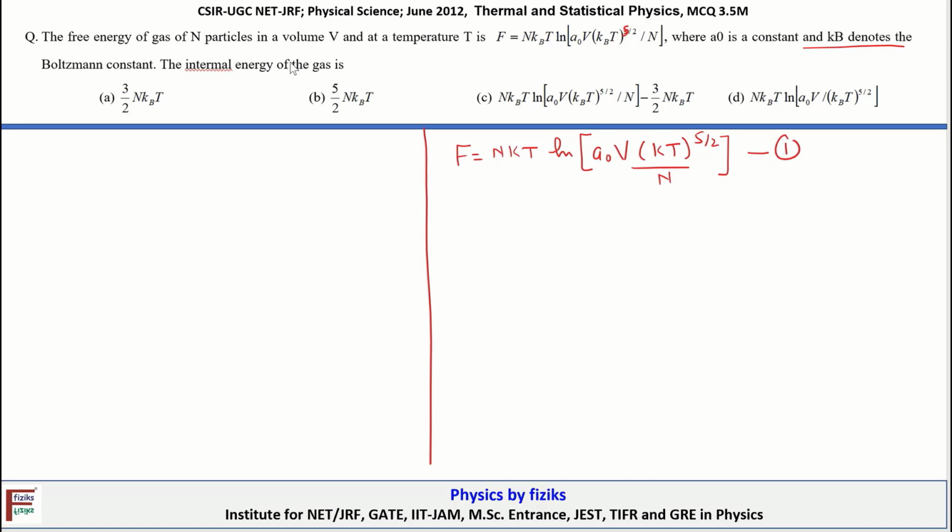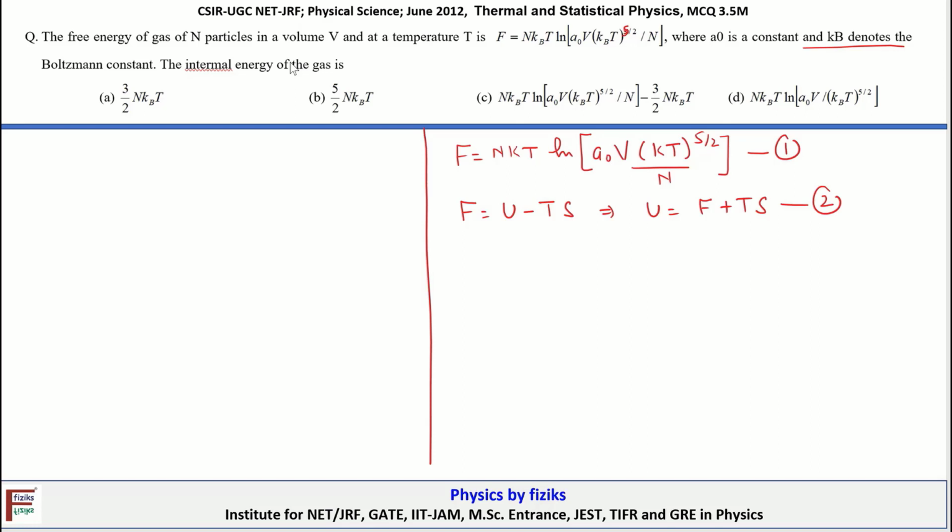The internal energy of the gas is, so basically we have to find the expression for the internal energy. We know that the Helmholtz free energy F is connected with the internal energy U through the relationship F is equal to U minus TS, or from here I can write U is equal to F plus TS. Let me call this equation 2.